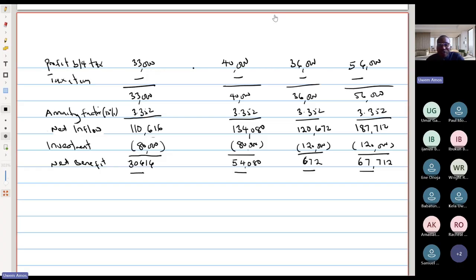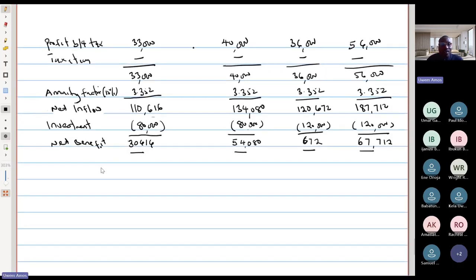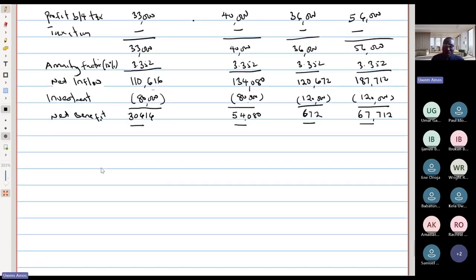Okay. So let's summarize what we've done based on our computation, and let's see what the results are telling us based on the computation we completed in our previous class. Let's look at what the figures are telling us. Basically, we have two machines. We call them the small one, which is the one that costs 80 million, and the big one, which is the one that costs 120 million.